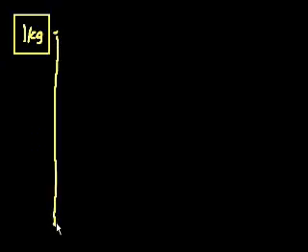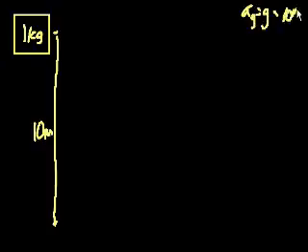But as I mentioned, let's say I'm holding it 10 meters above the ground. So this height is 10 meters, and we're assuming the acceleration of gravity, which we also write as just g, is just 10 meters per second squared, for the simplicity of the math instead of the 9.8.